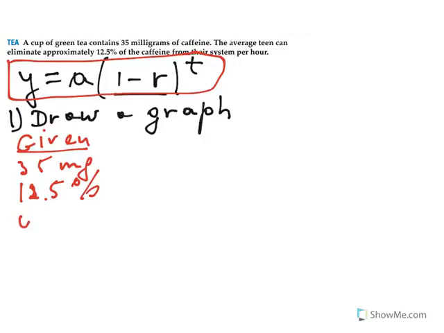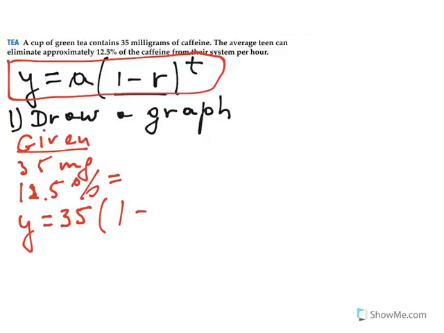So I take the formula and I have to substitute what is given. In this case, a is the initial amount. How much caffeine do I have in the body in the beginning when I start to drink the tea? It's given that I have 35 milligrams in the beginning, and 1 minus the rate at which the caffeine goes away from your body, 12.5%.